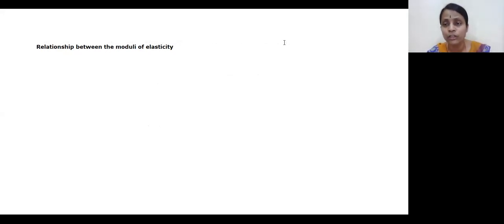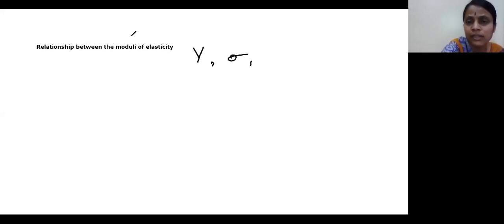So, relationship between moduli of elasticity, please understand it is not a derivation. I am simply going to give you the relationship in mathematical equation form, and that is going to be used by you only for solving numerical purposes. From the point of view of your exam, you're not going to get it for derivations, so you don't have to worry about it.